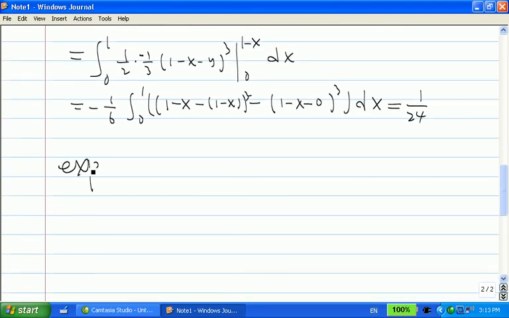Now let's look at another example. In this example, we want to find a triple integral over E of the function x squared plus z squared dV. My E this time is part of a paraboloid.